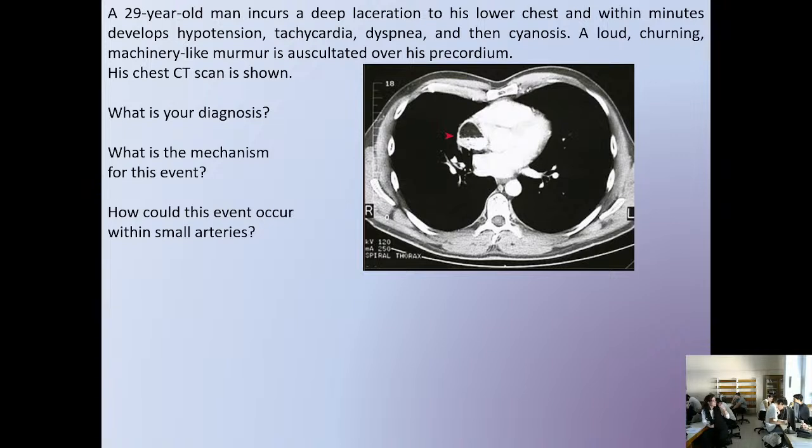This is not normal because it should contain blood. So what entered the right atrium? You see the arrowhead here. Yes? Air. Yes, because if somebody stabbed the patient, the vein was cut, air came into the vein, so it passed to the right atrium.